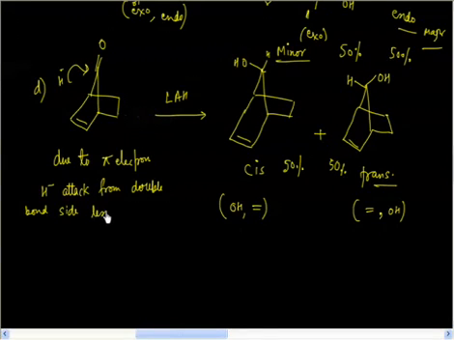So tell me which product we should expect. If this attack is less, this means attack from this side is more. So this means this product is the major product and this product is the minor product. Easy one.